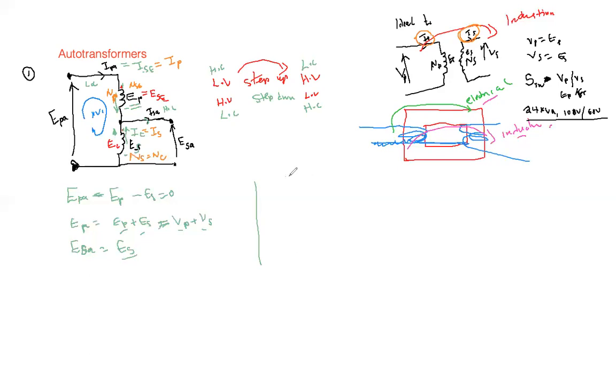So that means IPA is actually equal to IP in this case, and IC is actually equal to IS. Remember, whenever you don't have an A, that means this is coming from the two winding transformer.